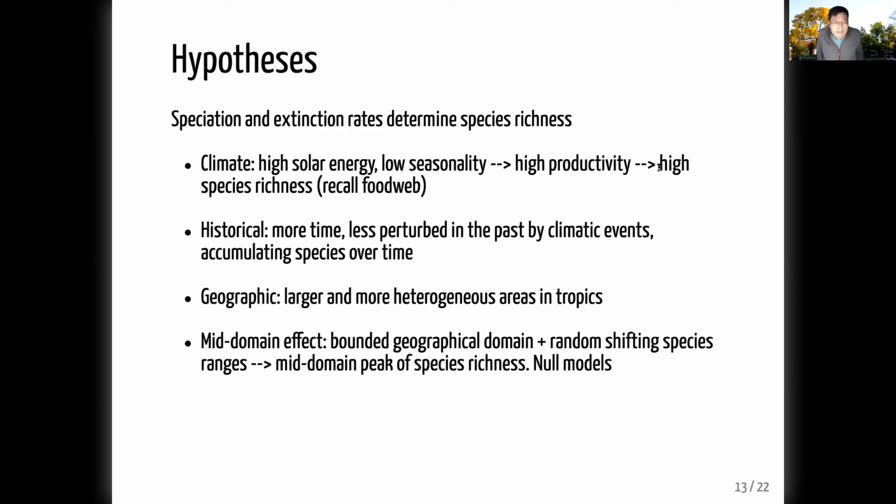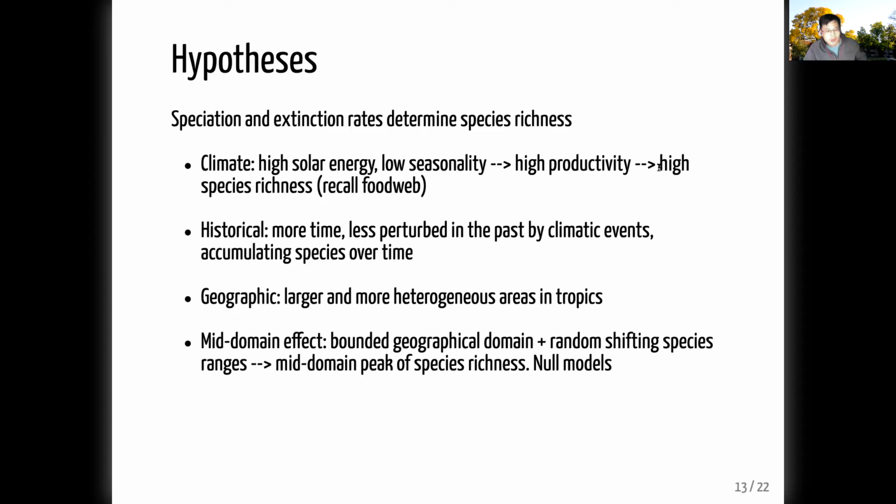The third group of hypotheses is about geography. Because the tropic area is large and also more heterogeneous, this can increase the speciation rate, and therefore it is going to be able to have more species richness.